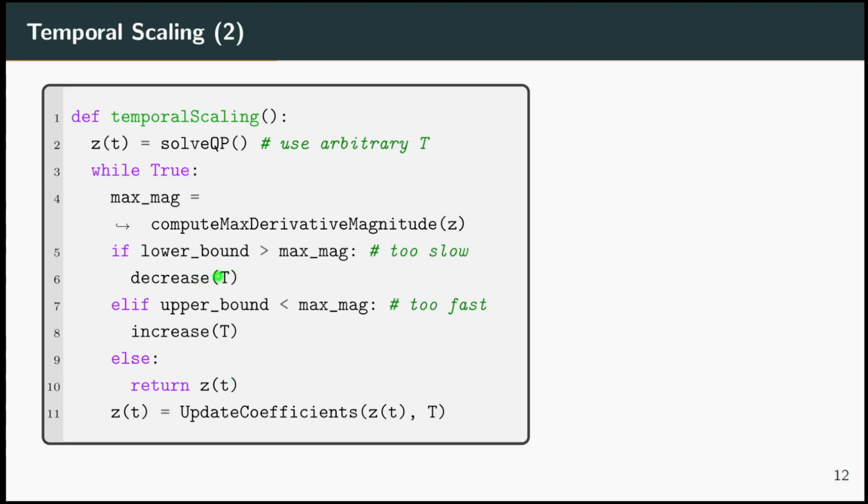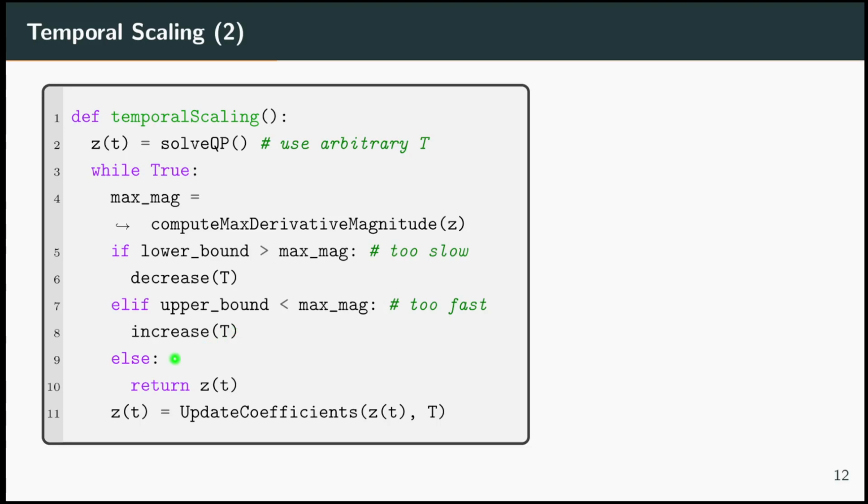If we are too slow, which can happen in an airplane, for example, then we decrease. Wait, now I'm really messing with the signs. So if the lower bound is bigger than the maximum magnitude, so we are too slow, then we just decrease that temporal scaling, right? So we essentially make it faster. Otherwise, if we are too fast, then we increase our temporal scaling.